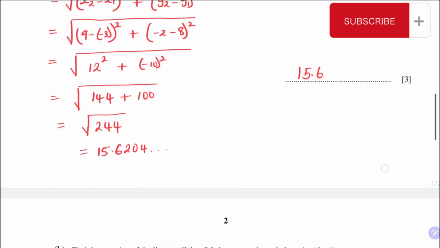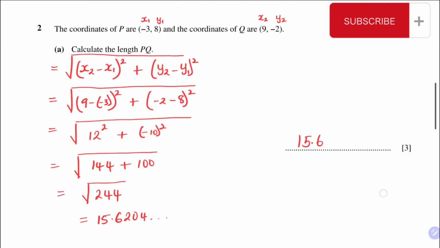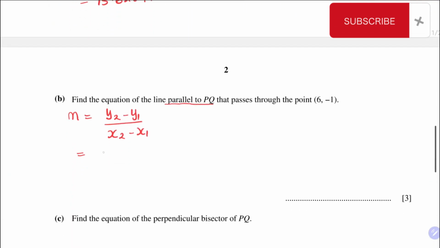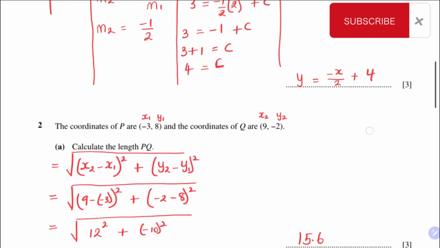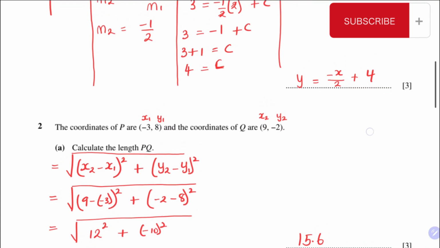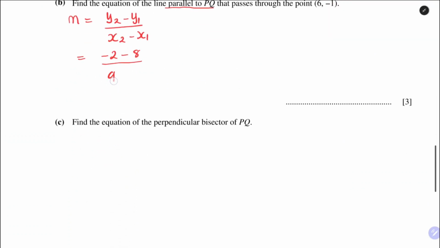If you check our values of y2 and y1, y2 is minus 2, y1 is 8. So we have minus 2 minus 8 over the values of our x: x2 is 9, and x1 is minus 3. So we are going to have 9 minus minus 3.